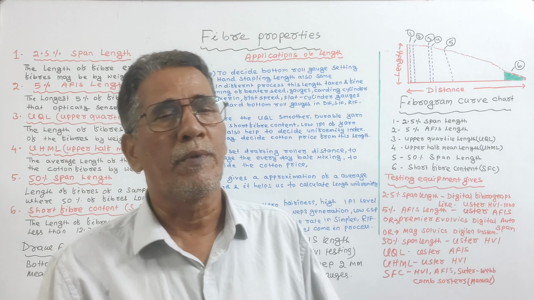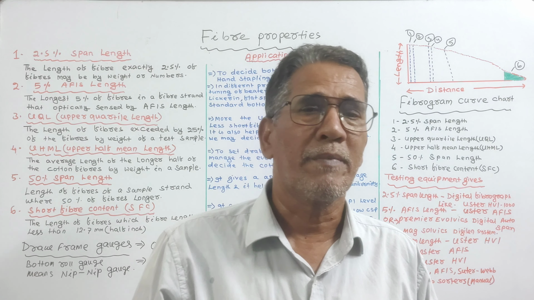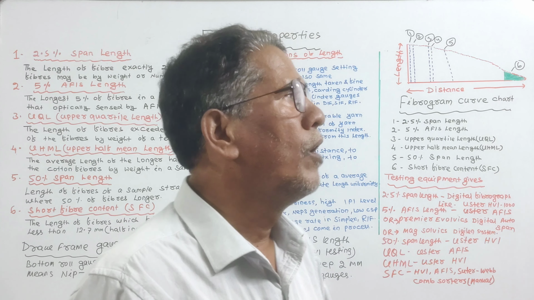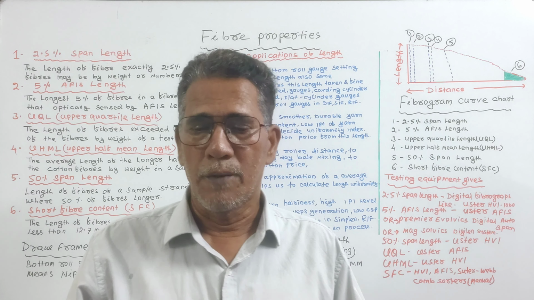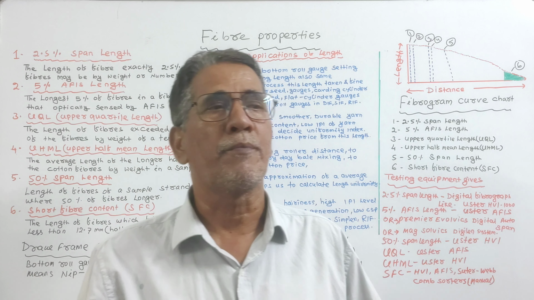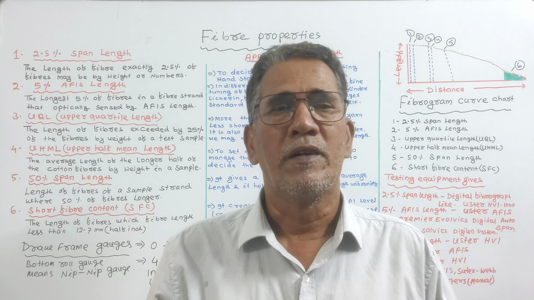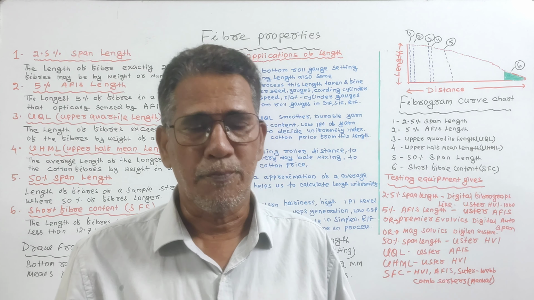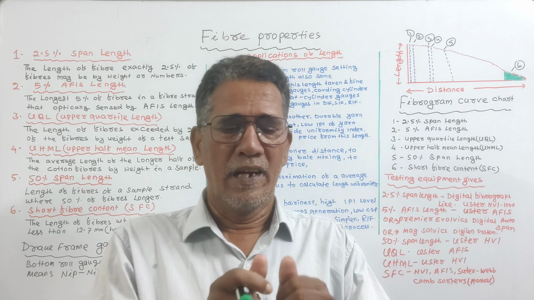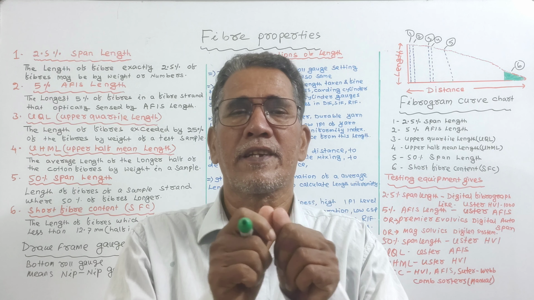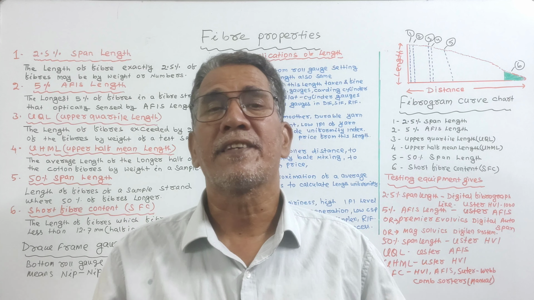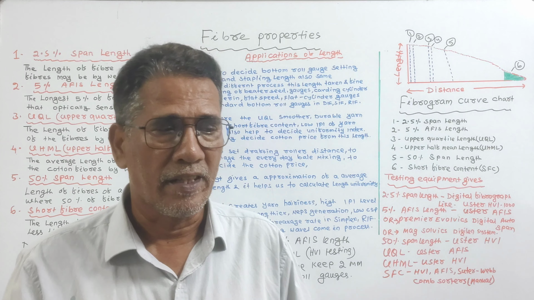We will talk about these length measurement systems. Before this, when this type of machine had not come to the market, spinners generally stapled the cotton by hand and guessed how much the length is.